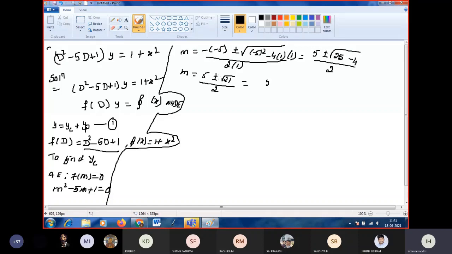Now see here, is this a complex root? No, ma'am. It can be written as 5 plus root 21 by 2 is the one root, and 5 minus root 21 by 2 is the another root.